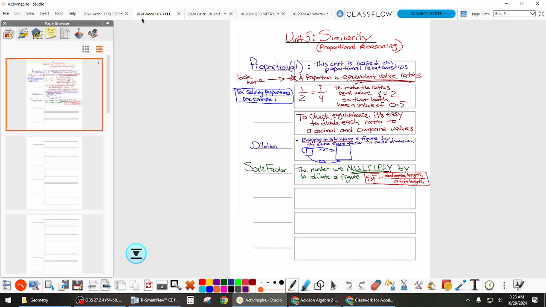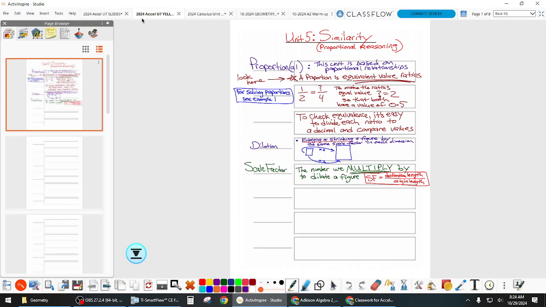To make the ratios equivalent, we know the scale factor is times 2, top and bottom. Basically what we're looking for is an equivalent decimal, if that's the easiest way to check. And then we did an example, if you need to look at that, that's what you're going to work on here for a little bit.